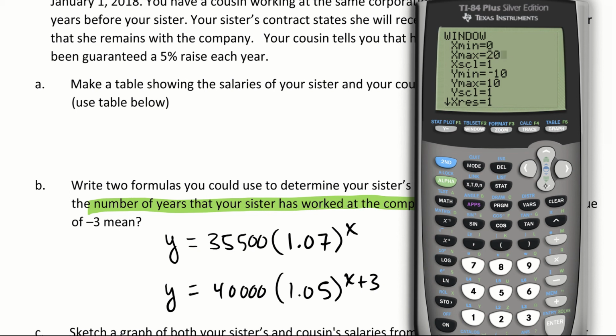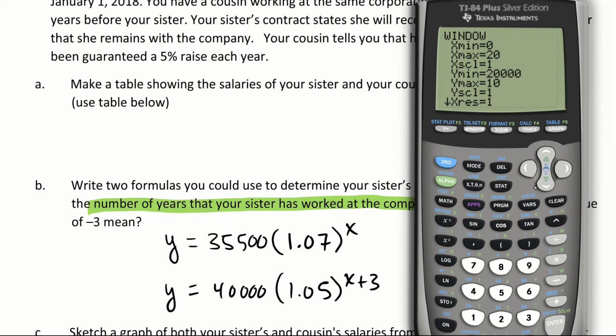The other thing that I need to do is, I don't care about negative dollars. I'll start at $0, but honestly, their pay is starting at $35,000 or more, right? And then increasing from there. So actually, it probably would be better if I said, let's start at $20,000. So my Y minimum I care about is $20,000.